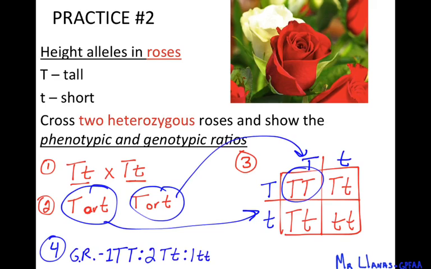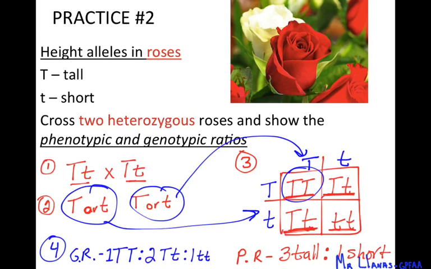Then we can find our phenotypic ratio, and we just have to look at the physical characteristics. This one is tall, this one is tall, this one is tall, this one, nope, that one's not tall, so we have 3 tall, and this is our 1 short. So those are our phenotypic and genotypic ratios.